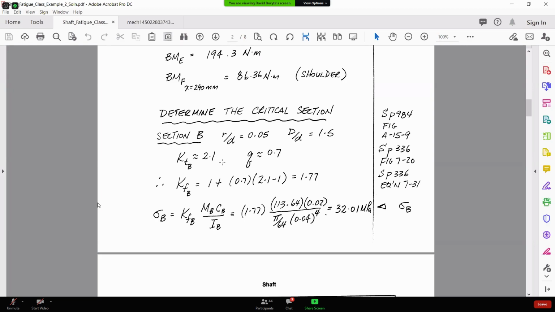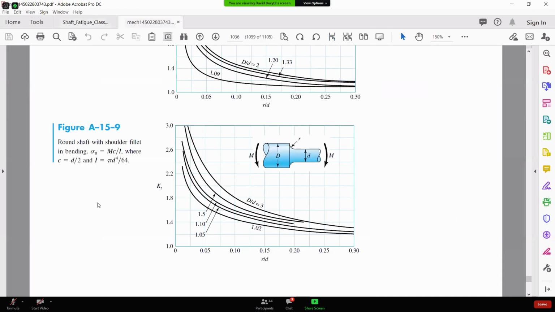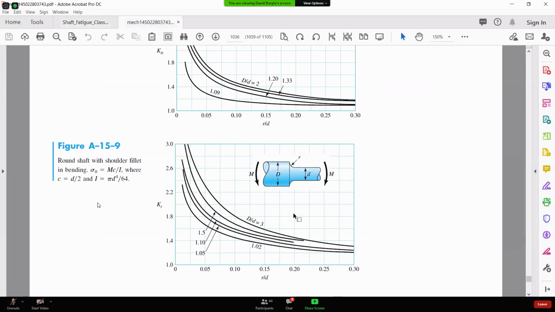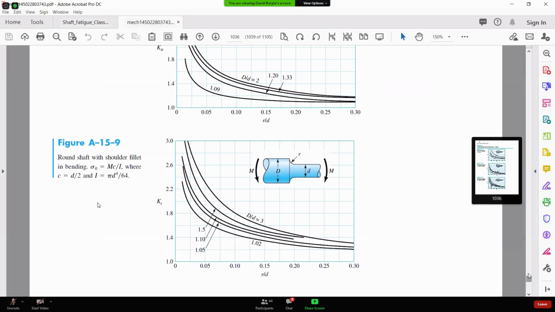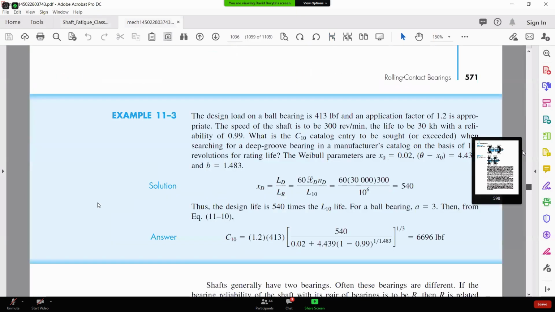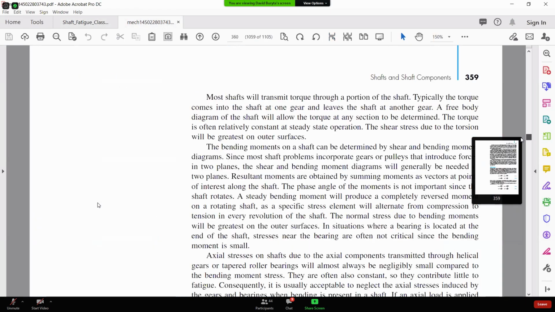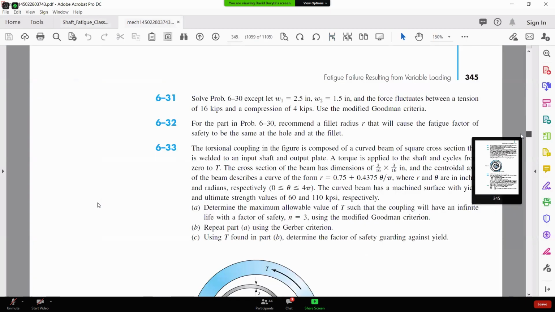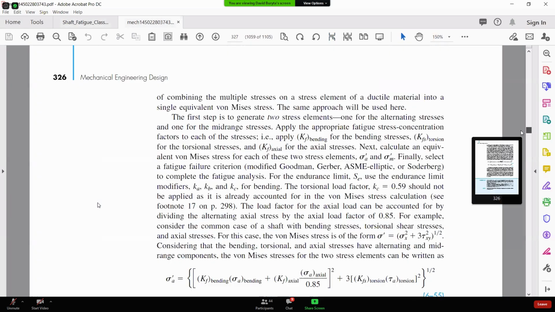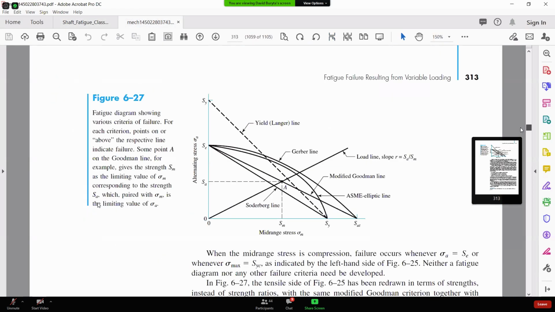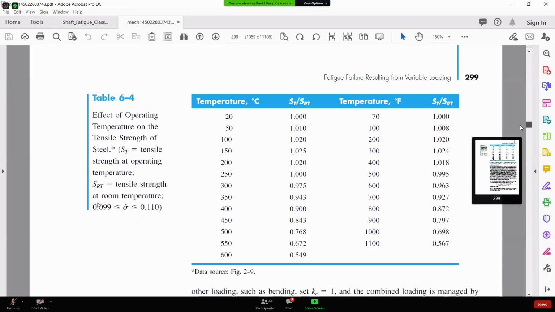So if we go to that in the 10th edition, we have to go way back to this chapter 6. This is why I'm saying you want to put tabs in your book, because this gets a little bit onerous when you're trying to do this with a PDF.